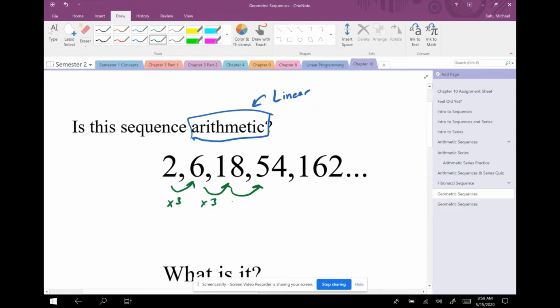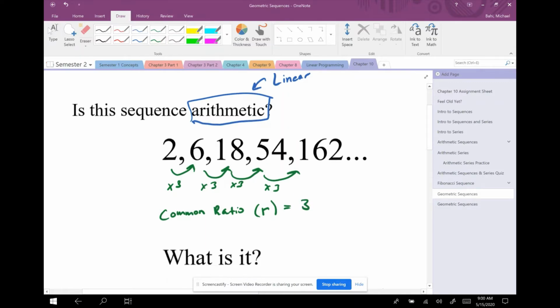This is getting multiplied by 3, multiplied by 3. So rather than having a common difference, it has a common multiplier, which we call a common ratio. And they use r for a common ratio, which is 3. Okay.